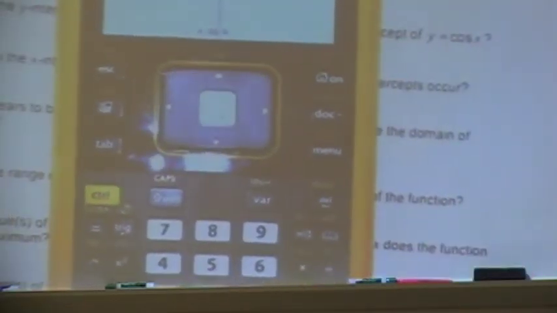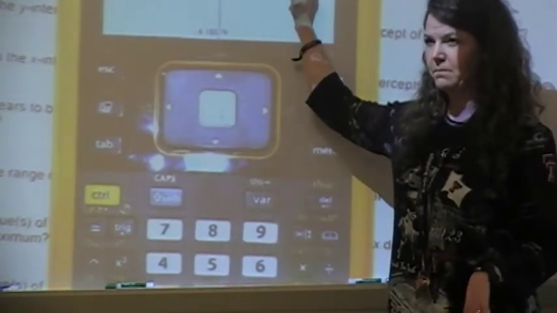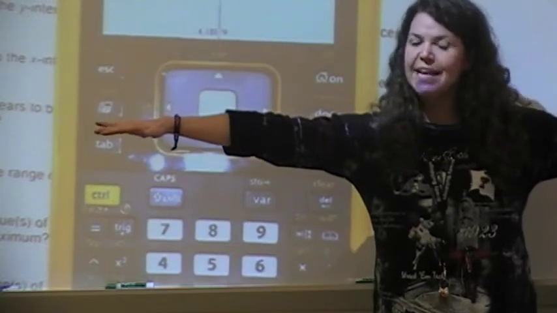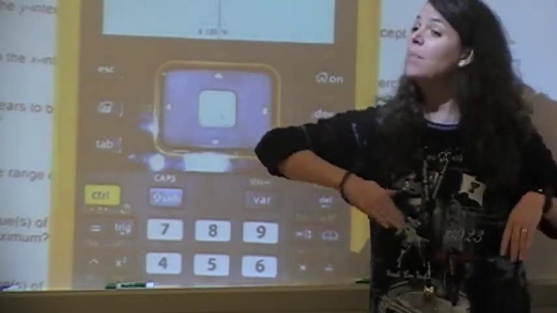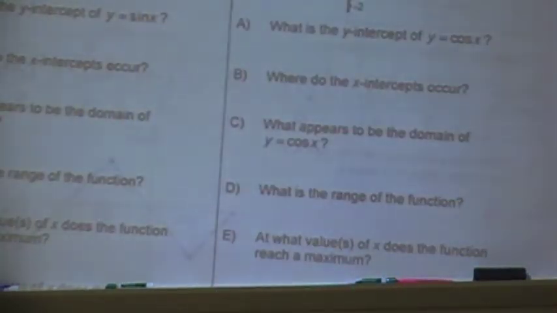It gives you the decimal version, but each of these hash marks represents a half pi. Does everybody follow me? On the x-axis, it is counting in radians, but on the y-axis, it's just counting 1, 2, 3, 4, 5, just like normal. So we're just going to answer these questions.